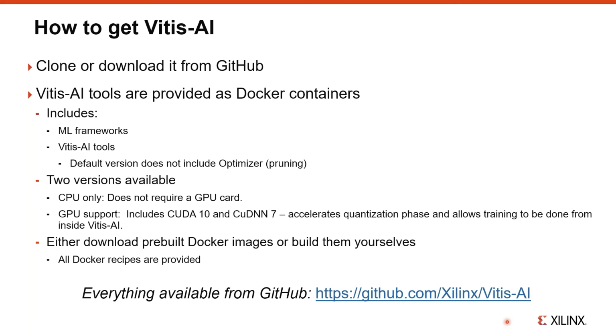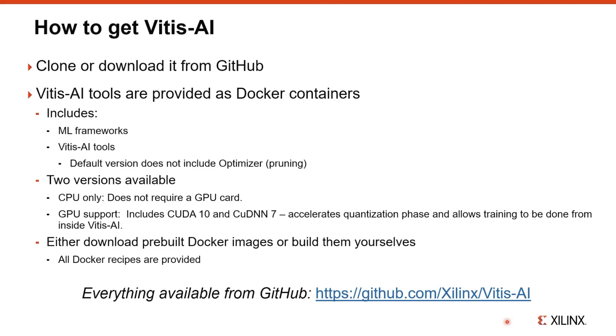However, the Vitis AI tools without the pruning, you can just simply download them from GitHub. They are provided either to be installed separately, or what we do encourage people to do, especially at the start, is just to use the Dockerized version. So you get a Docker container, and that makes it so much easier just to have everything in there.